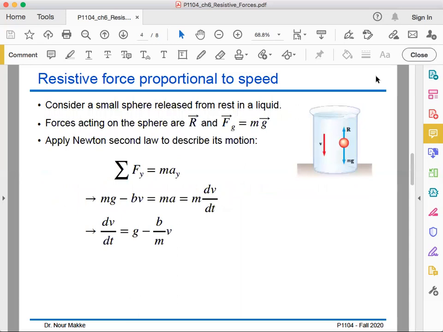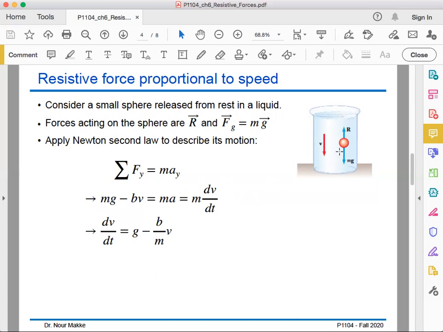Now, let's take an example. For example, you have a sphere, which is a ball. It's a small sphere that you release from rest in a liquid. Now, when it is on the top, and before being released, its acceleration is just g, the gravity acceleration. But once it enters into this medium, then it is acted upon by two forces.